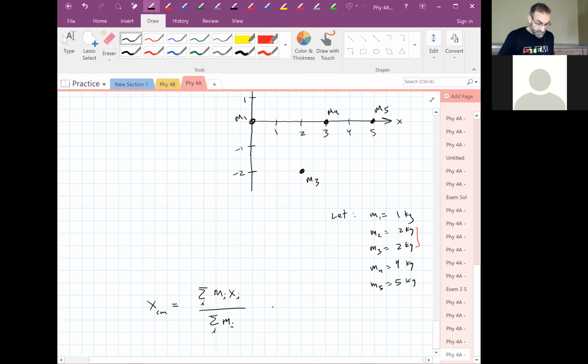So for this case, for our 5 point objects, it's going to be M1 times its x position plus M2 times its x position, plus M3, M4 times its position, M5 times its position, you get the idea, over the total mass.